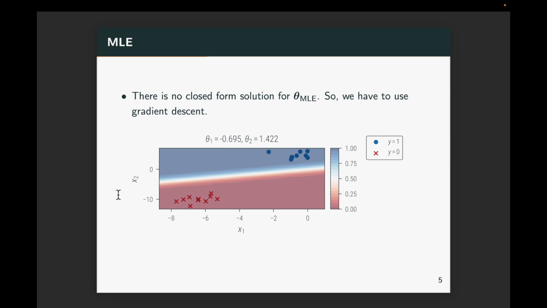And the line that passes through the middle, there is a probability of going to either class as 0.5. What kind of uncertainty are we talking about? No. We have not considered any uncertainty in the model. From the model, we are just obtaining a point estimate, which is the MLE estimate.